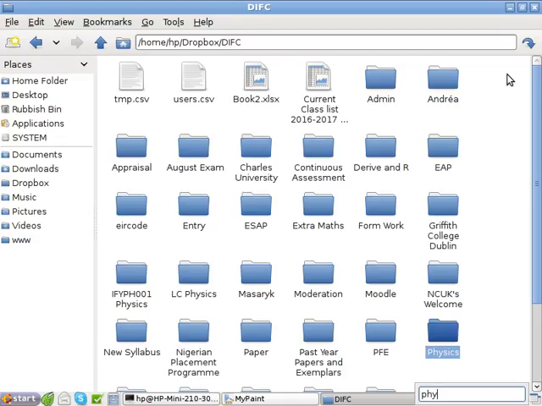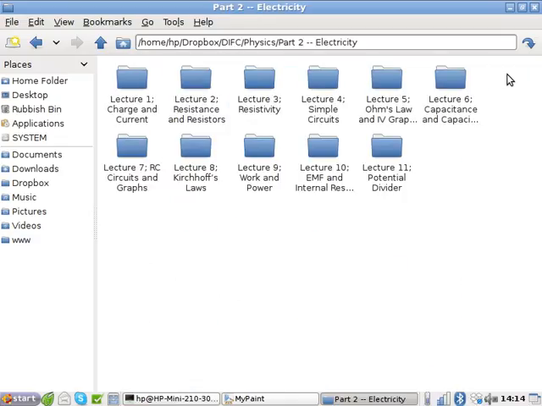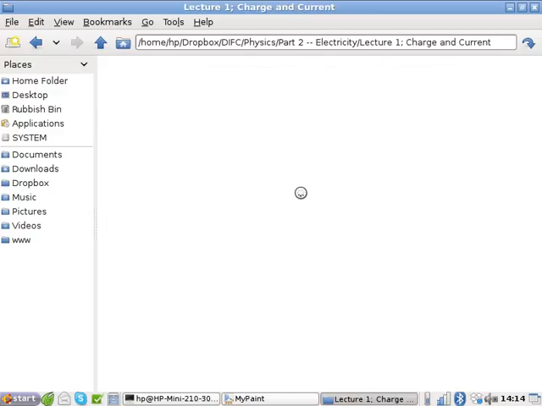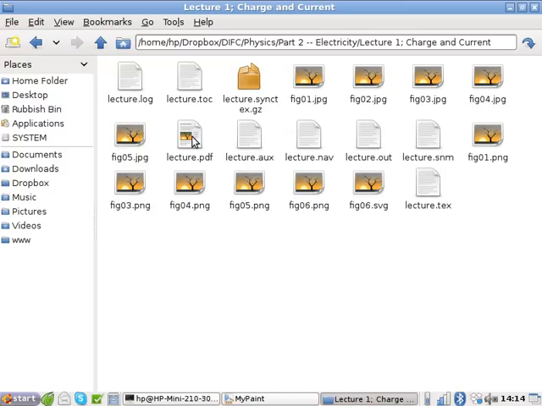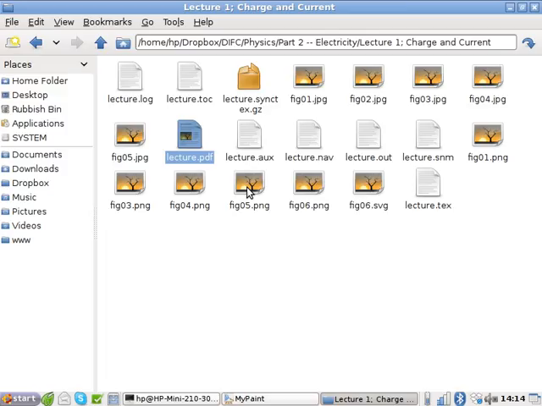Okay, physics, electricity, not as big as mechanics, as you can see. Mechanics was what, 28 topics? Whereas electricity is only 11. Now just have an open mind.